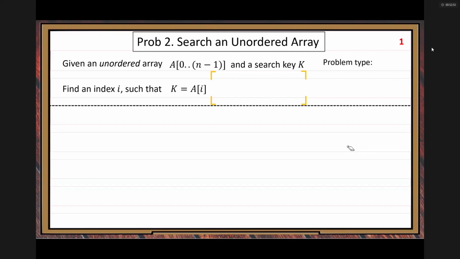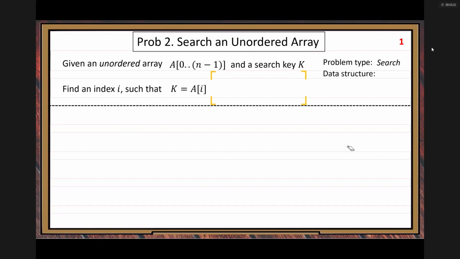Here, the problem type we're looking at is the search type. In this class, we have 3 basic problem types. Search type is one, sort is another basic type, then selection is another basic type. These 3 basic types of computing problems.